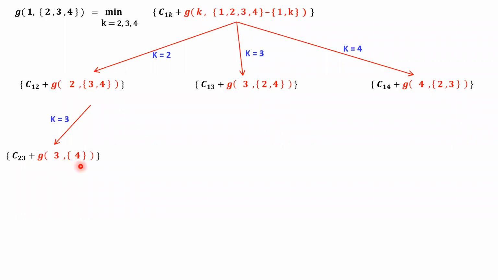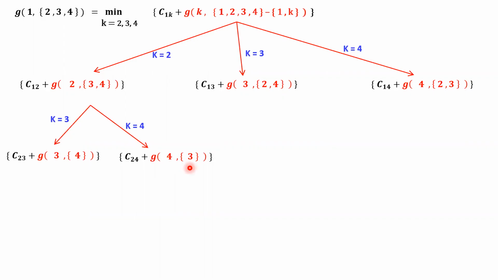Or I can take up an alternative where after visiting the second city, I'll visit the fourth city, and then the cost of traveling from 2 to 4 is C24 plus, now the starting city will be the fourth city, and the remaining city to be visited will be 3.